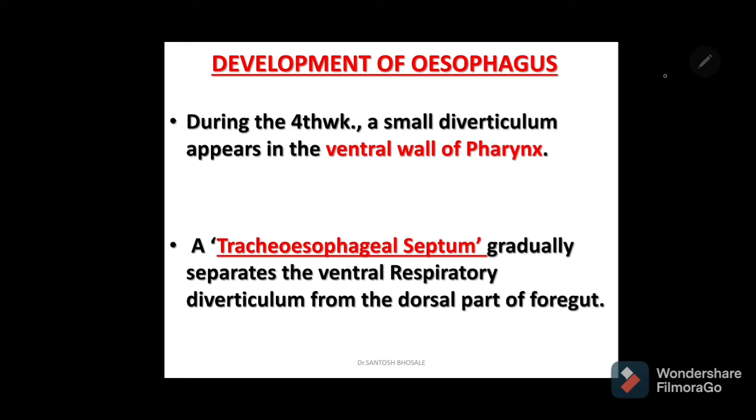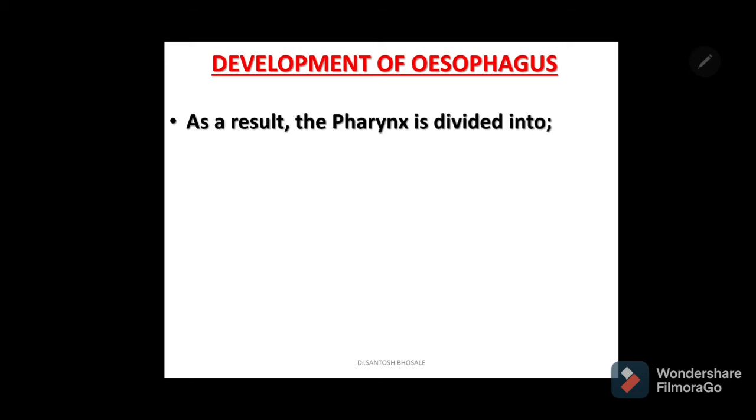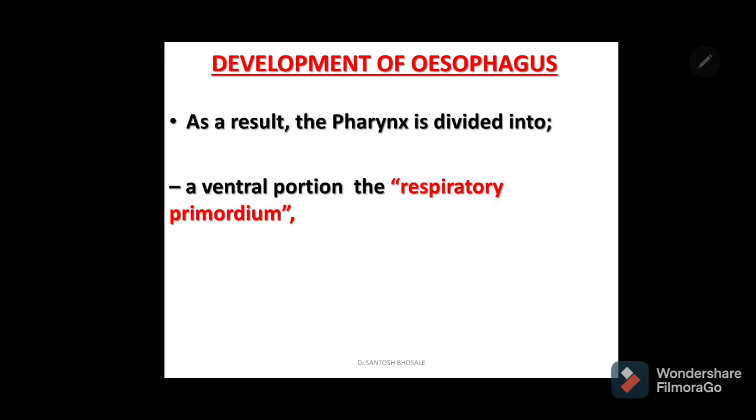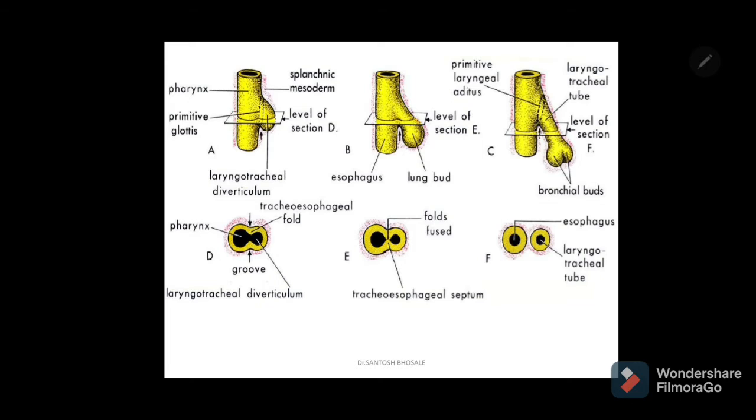So this tracheoesophageal septum is separating the ventral trachea from the dorsal esophagus. As a result, the primitive pharynx is divided into a ventral portion called the respiratory primordium and a dorsal portion, the esophagus proper.